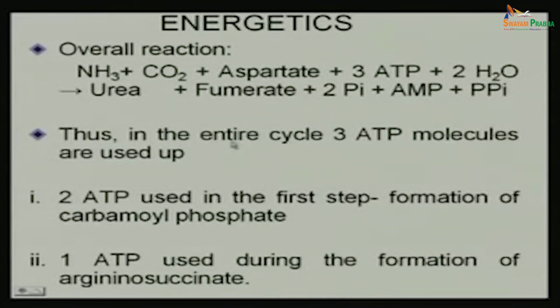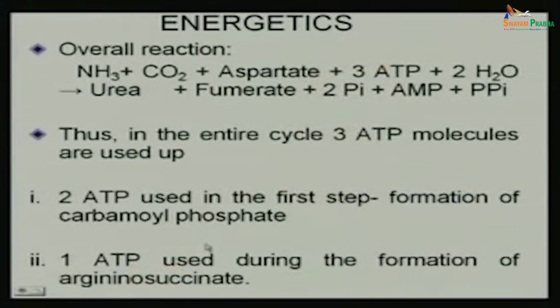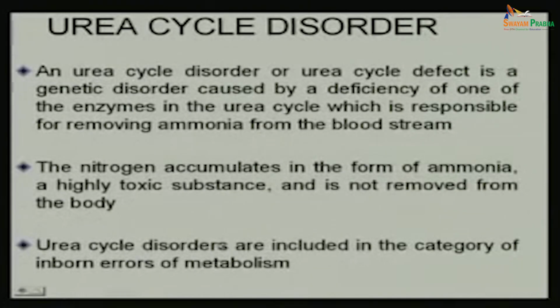Thus, in the entire cycle, 3 molecules of ATP are used up. It is needed to carry forward this reaction. 2 molecules of ATP are used in the first step, and 1 molecule of ATP is used during the formation of arginosuccinate. It is an energy driven process.